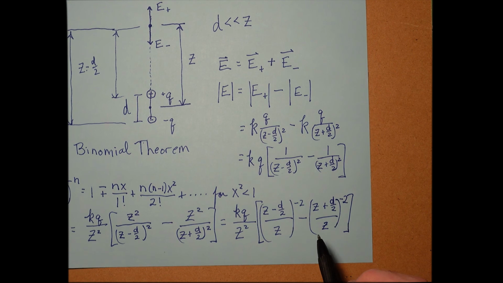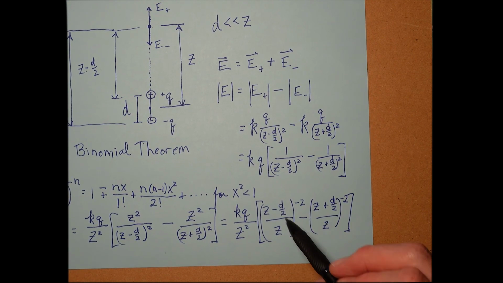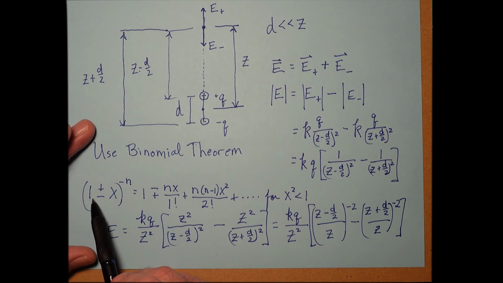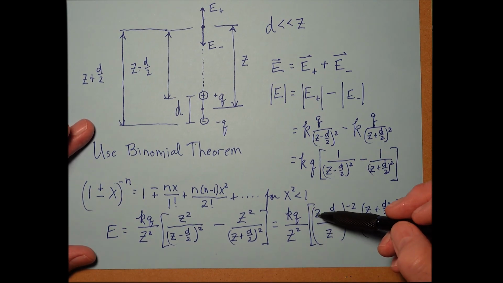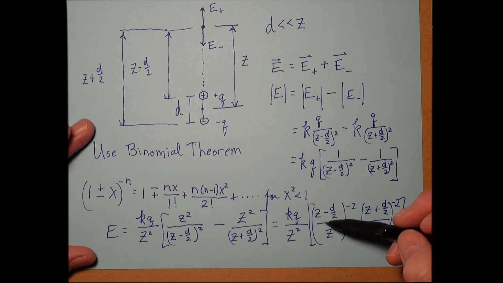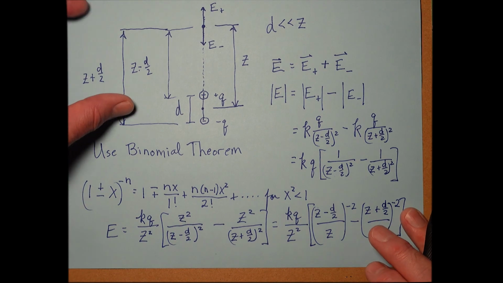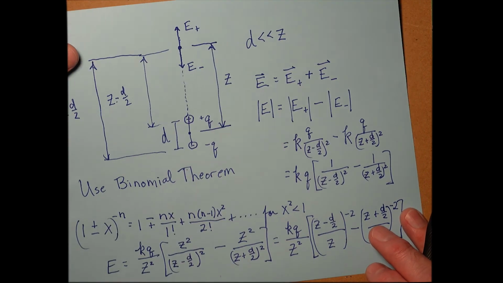And there, now I have something that I can distribute, and it will look like my binomial theorem. Because look, z over z comes out to be 1 minus d over 2z, that's the x. And over here, the same thing, z plus d over 2z. So let's take another sheet and distribute that out.